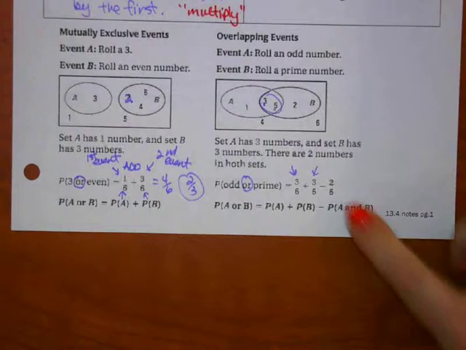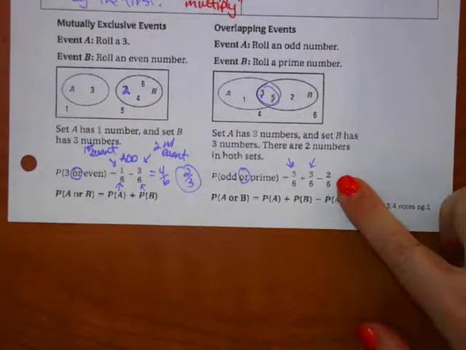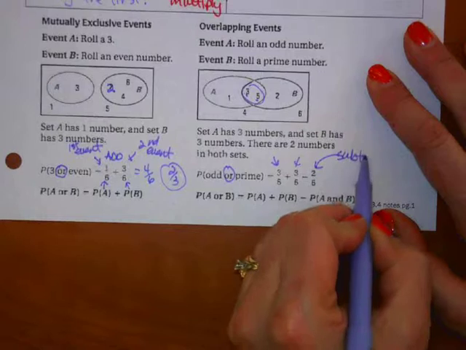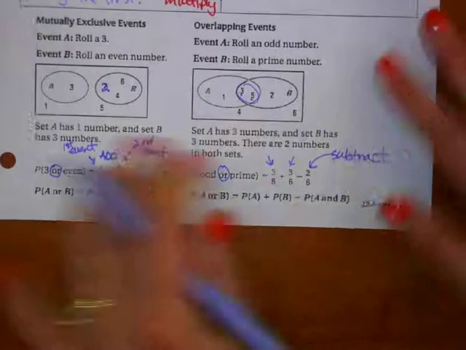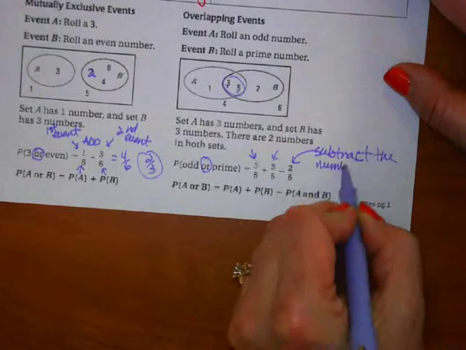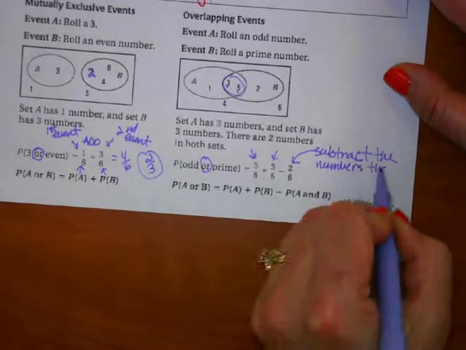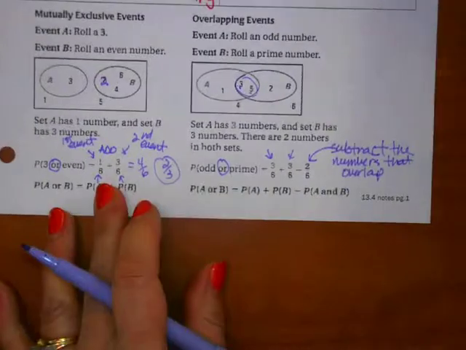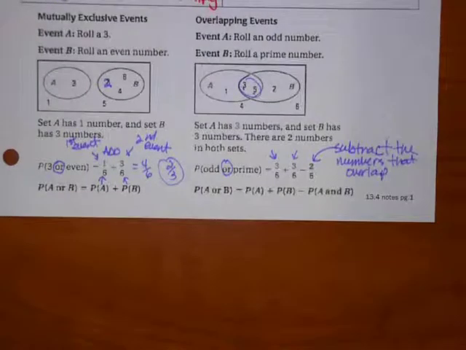We have to subtract the overlap. That's called the overlap. Subtract any overlaps. Probability of A plus the probability of B, subtracting the overlap.